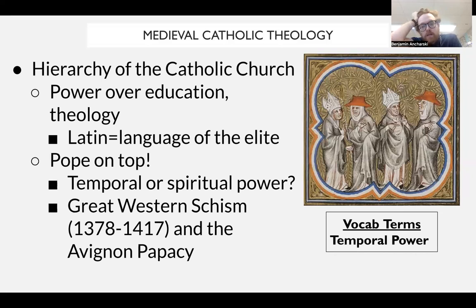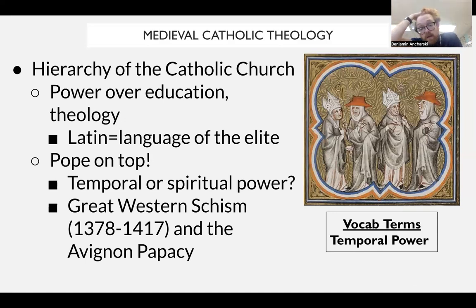We see that the Pope leaves Rome, the traditional center of the Catholic Church, and goes to Avignon. But this is viewed as a slap in the face of tradition, so a second Pope is elected in Rome. Both of them claim to be Pope and kick each other out of the Catholic Church, and then a third Pope comes along. Anyway, there's Pope fights.